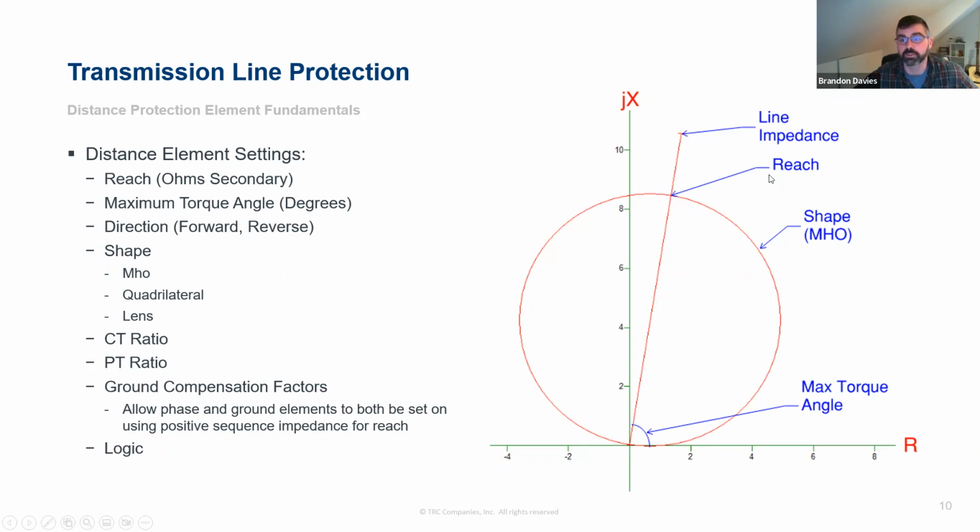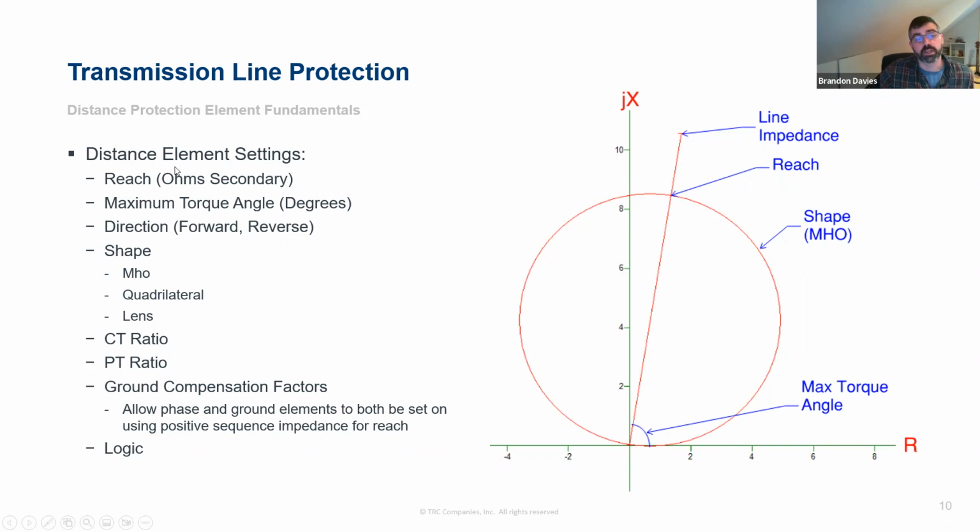So if we set this impedance at 80% of the line, like this one, we've got pretty good confidence that the relay is going to see faults up to around 80% of the line. And faults past that, it's not going to operate for, which is getting back to that coordination through sensitivity approach.